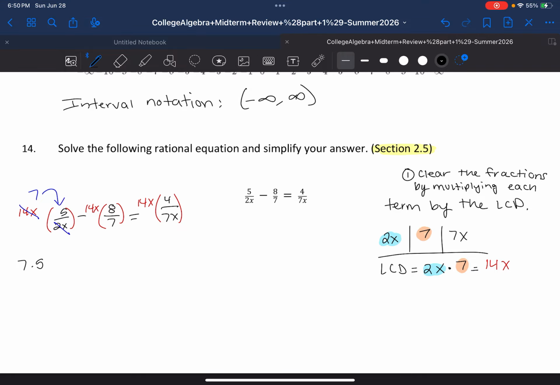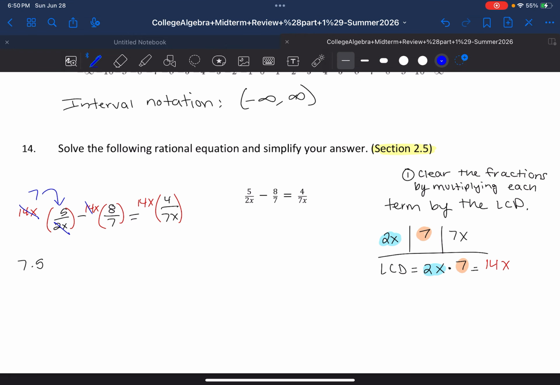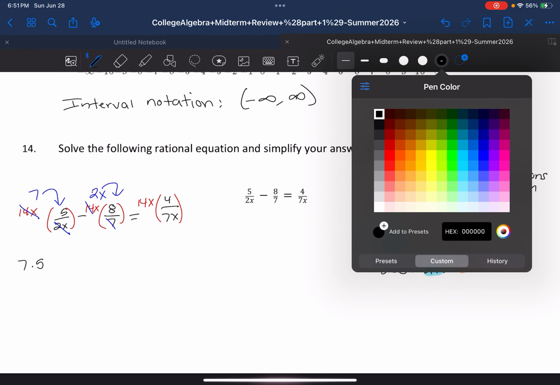And then the second fraction, 14x divided by 7, leaves me with 2x. Technically negative 2x because of the negative in front of it. 14 divided by 7 is 2. And there's nothing to divide with the x, so the x would stay. So now this is negative 2x times 8. That's left.